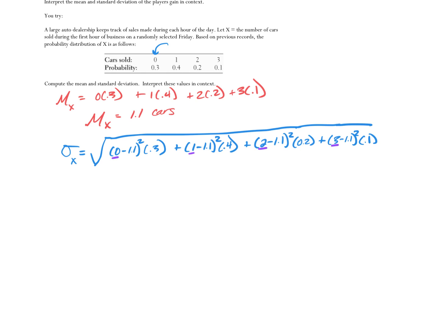Everything that's underlined in purple right now is just my possible outcomes, 0, 1, 2, 3, and it's those outcomes' distance from the mean. And we square it so that those distances become positive. Okay?